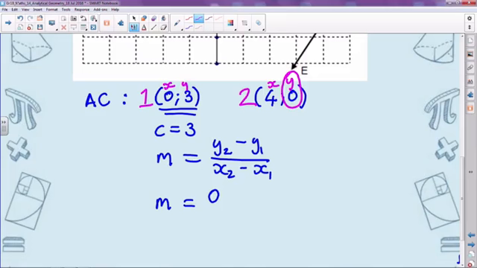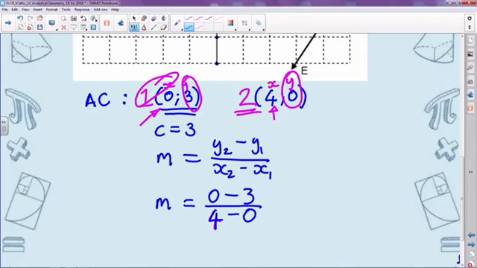Our y1 value is the y value in the first point, which is 3. Our x2 value is the x value in the second coordinate, which is 4. Let's make that in blue just to keep continuity. And our x1 value is the x value in the first coordinate, which is 0.